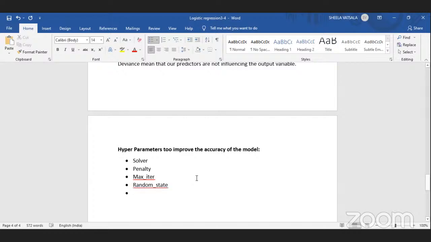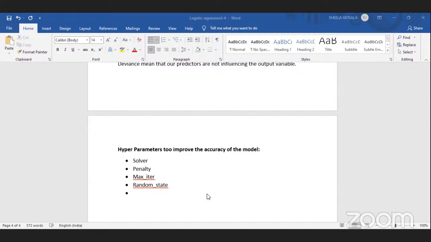I'm sure many of you have used it in your model, but what is the meaning of that? Basically, this is an instance of NumPy, which is used.